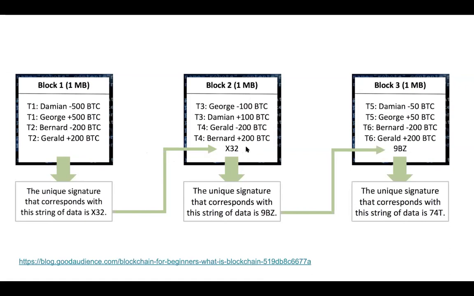And then that entire block, including those transactions and the previous hash, will get hashed. And that will go on into a new block with a new bunch of transactions. That's the point of a blockchain, that we can keep track of these transactions in this way.